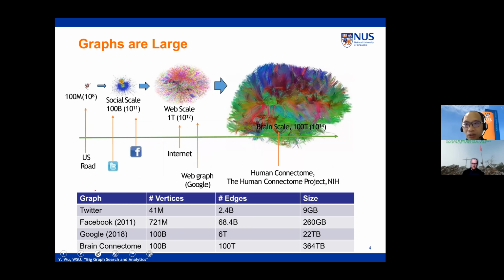And if you look at the graph, you can see the graph size varies a lot. So we do see very big graphs, as you can see on the right hand side. It's like you have 100 tera scale, but on the other hand, we do have some relatively small graphs, 100 million or even smaller in terms of number of vertices. So that's why it's quite challenging and also interesting to design a system to support this wide spectrum of graph size.